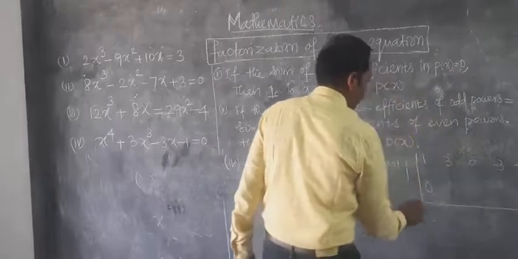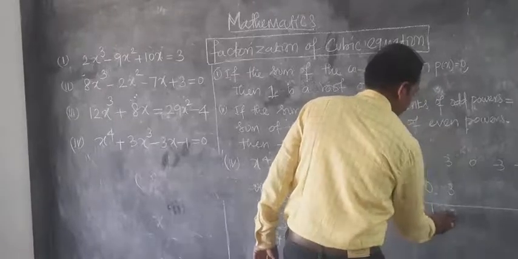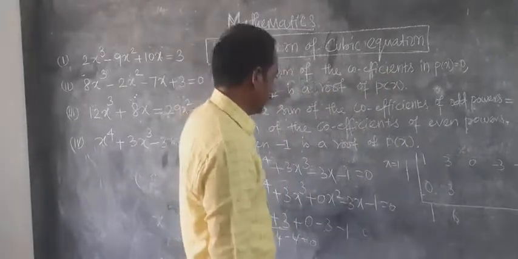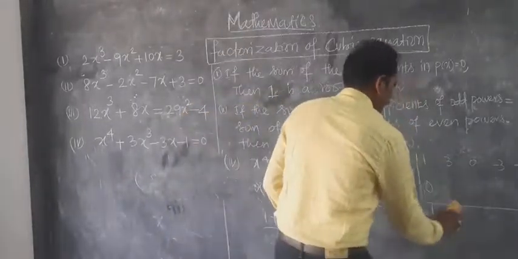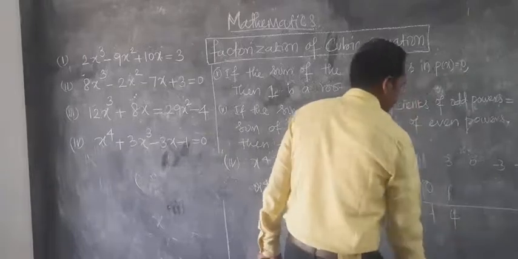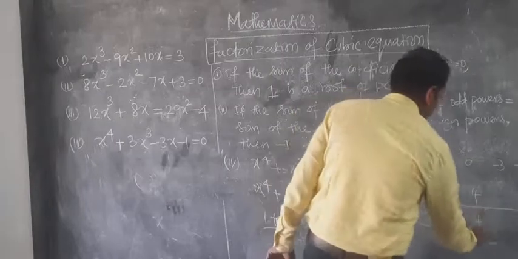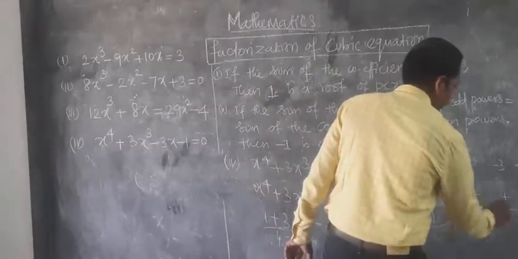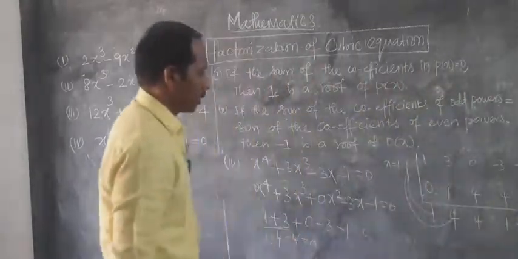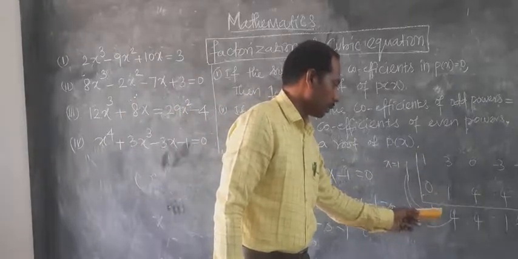So always 0, 1, so 1, 3, so it will become 3, sorry, 6, sorry. 1, you have to multiply 1 and then it will become 4, equals to, then you have to multiply positive 4, so you have to add 4, you have to multiply 4, subtract 1, you have to multiply 1, it will come to 0. So now you have to start, because here x power 4 but you reduced one power, so that you have to start cubic.